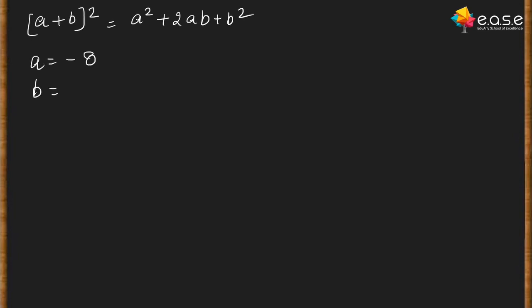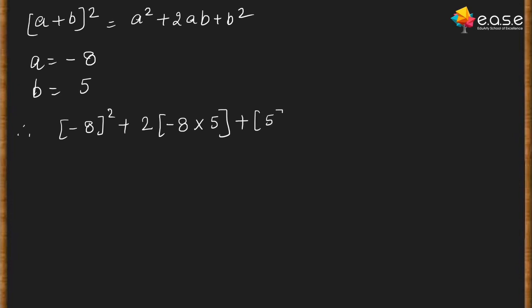So for the same identity, a plus b the whole square, which is equal to a square plus 2ab plus b square, and if your a is equal to minus 8 and if your b is equal to 5, check what happens here. Therefore a square will be minus 8 the whole square plus 2 into bracket minus 8 into 5 plus b square is going to give you 5 the whole square.